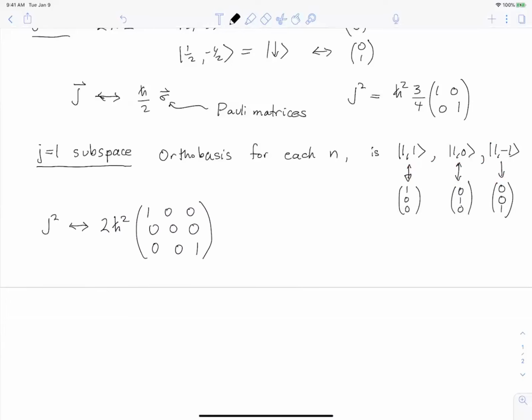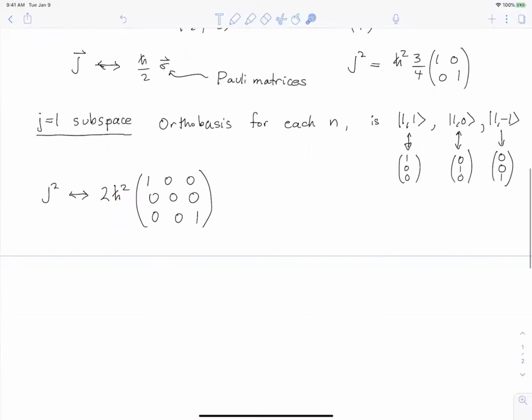The 2 here comes because that's J times J plus 1. So it's 1 times 2. So that's where that comes from. And J sub z is equal to just H bar times 1, 0, 0, 0, 0, 0, 0, 0, minus 1. Because in each case, the entries on the diagonal are the eigenvalues.